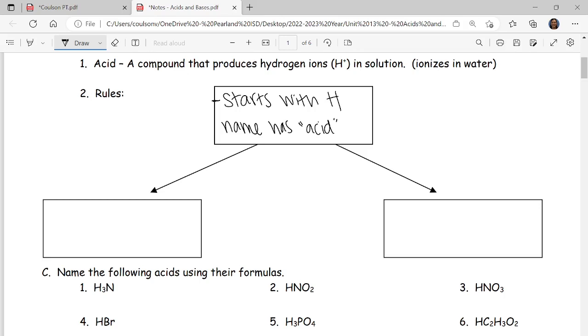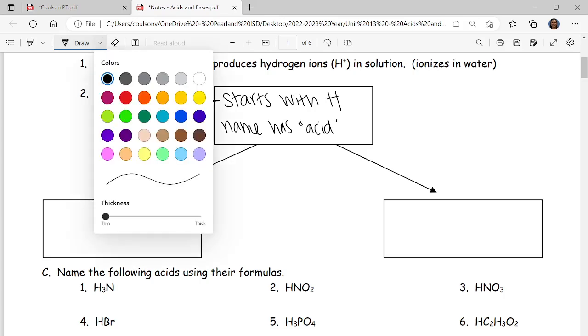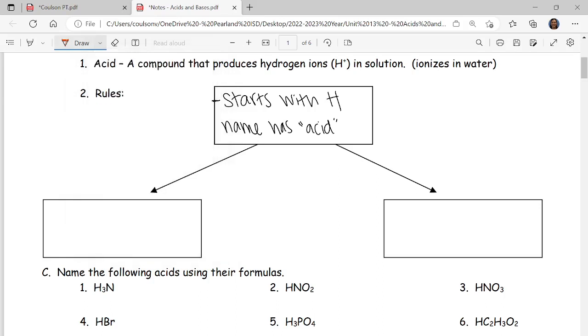All right, so if you have a compound that starts with hydrogen, or has acid in the name, you know that it's going to be an acid. And if it starts with hydrogen, it's either going to be hydrogen bonded to what or what? What would hydrogen be bonded to?